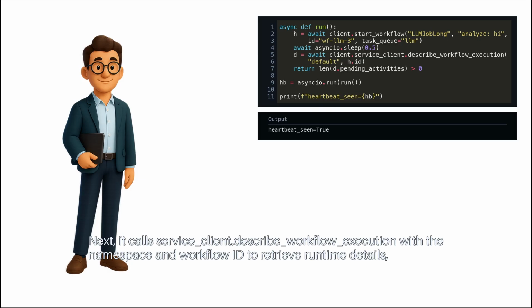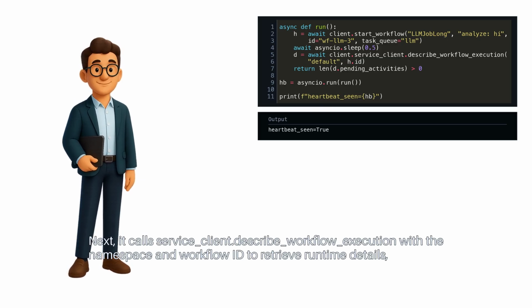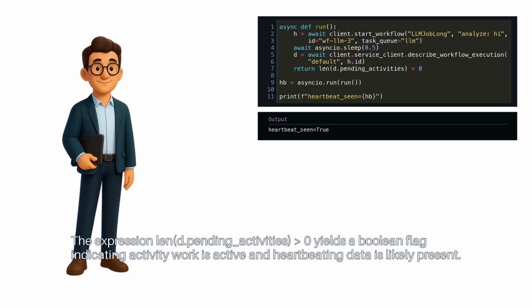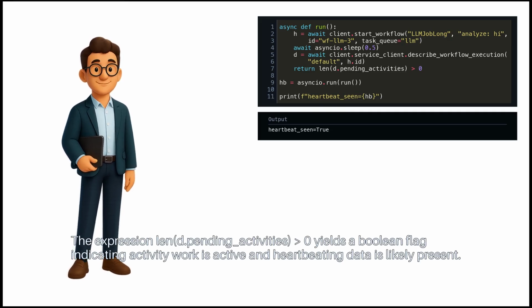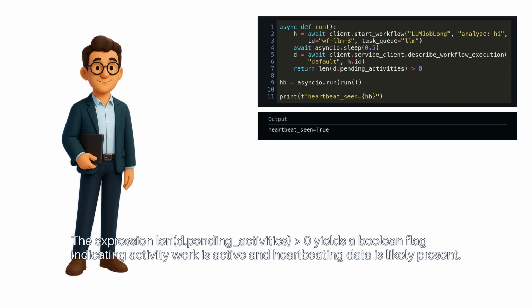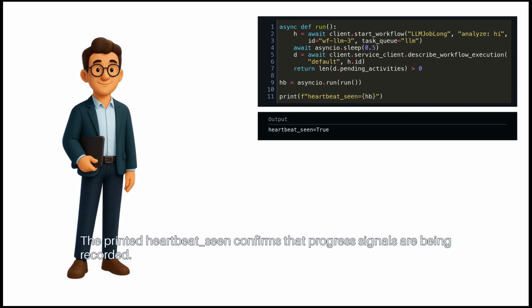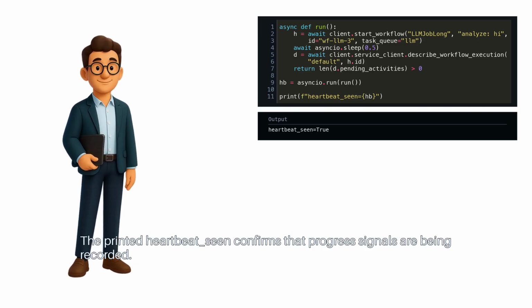Next, it calls service_client.describe_workflow_execution with the namespace and workflow ID to retrieve runtime details, including pending activities. The expression len(d.pending_activities) > 0 yields a Boolean flag indicating activity work is active and heartbeat data is likely present. Waiting longer increases the chance of observing heartbeats during slower tasks. The printed heartbeat seen confirms that progress signals are being recorded.